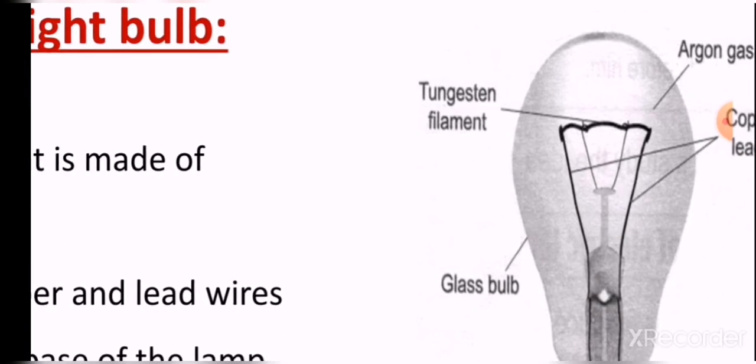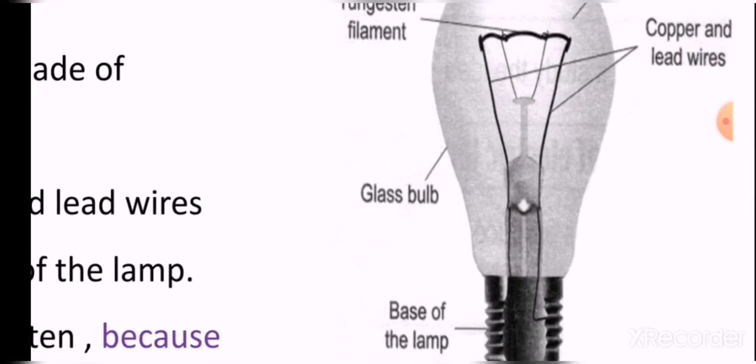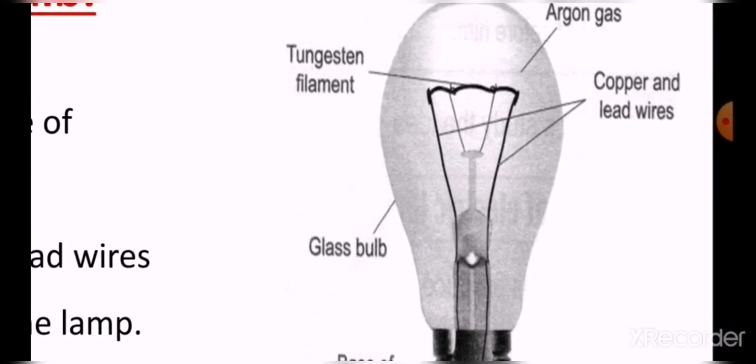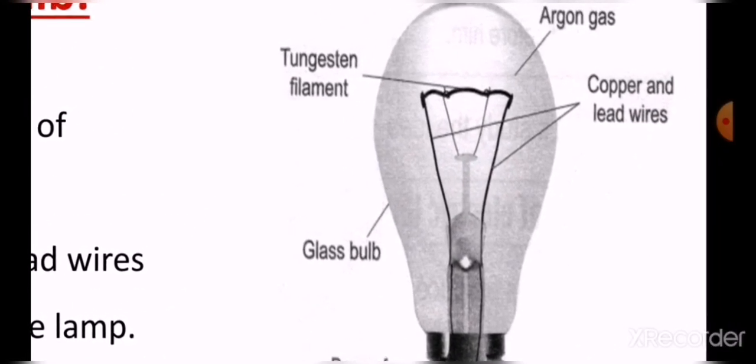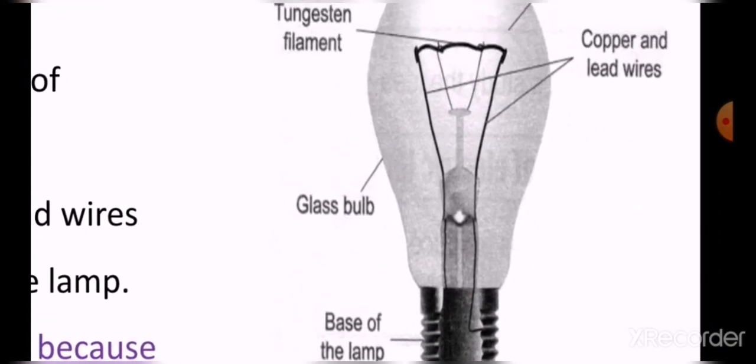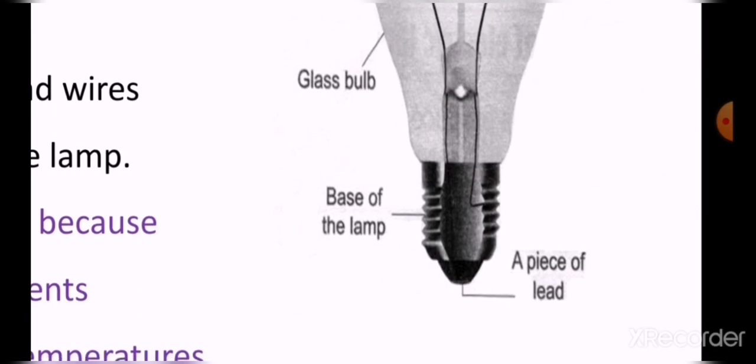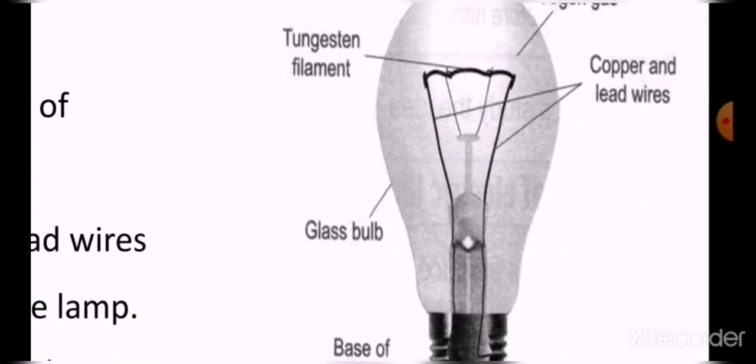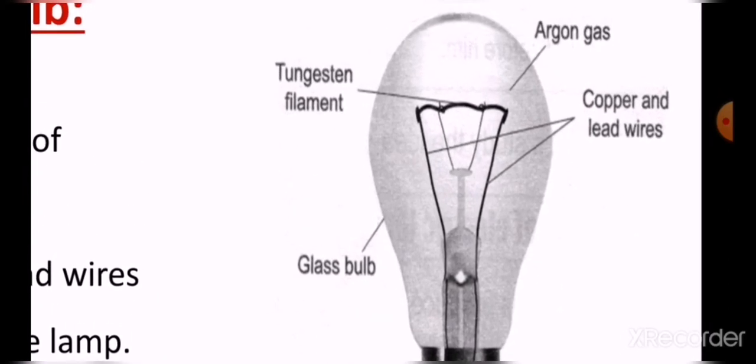It's connected to copper and lead wires that are connected to the base of the lamp. The filament is made of tungsten. Why?